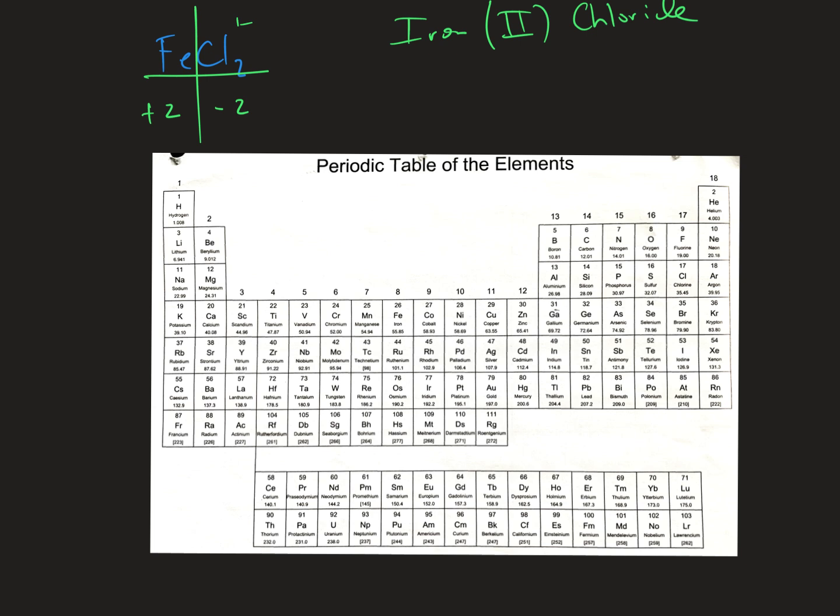All right, we got zinc, cadmium, and silver. These only have one cation. They're not variable. And here's how I remember what they are. Silver is in group 1, so it is 1 minus.